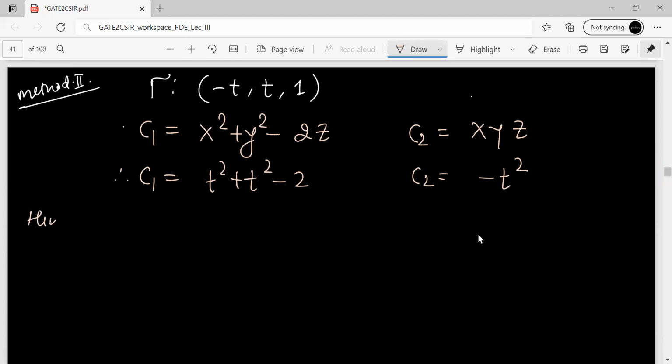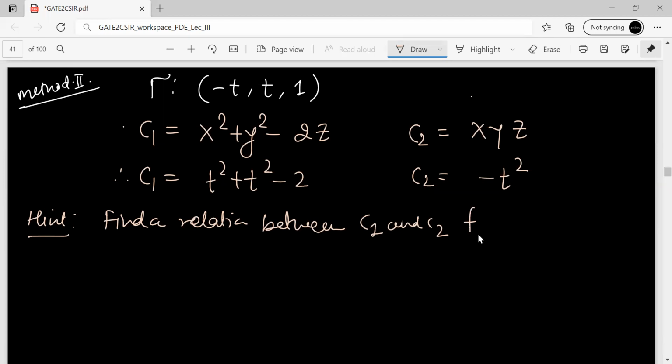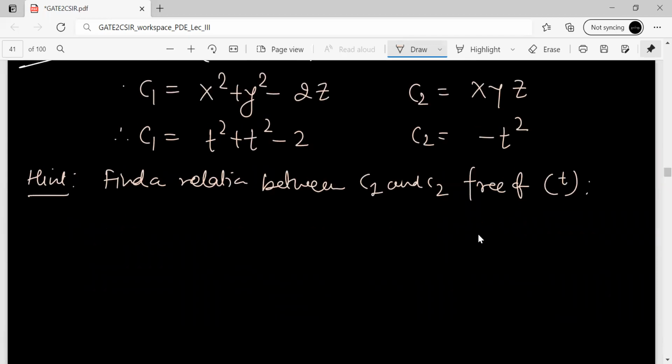So I'll write down the hint. Find a relation between C1 and C2 free of t.